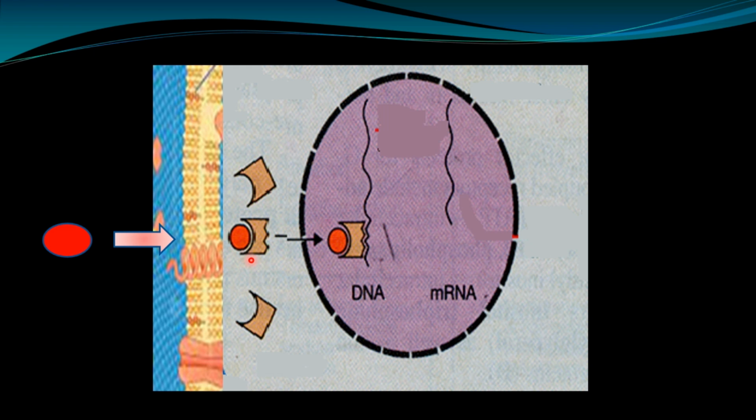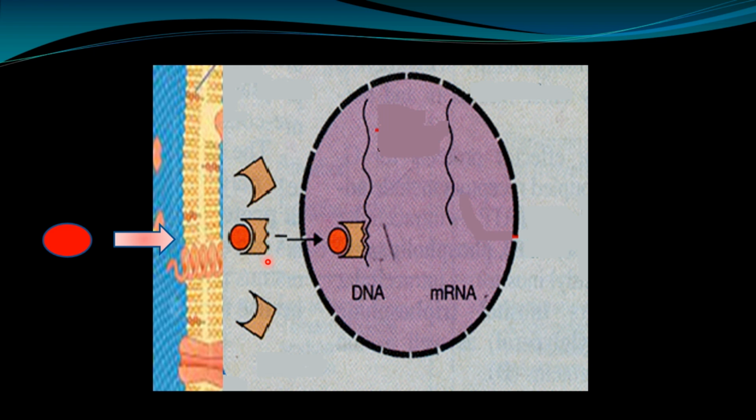Now you can see over there the difference between this unoccupied receptor and this drug receptor or hormone receptor complex. You can see the change in the receptor structure. This is called the intrinsic activity.